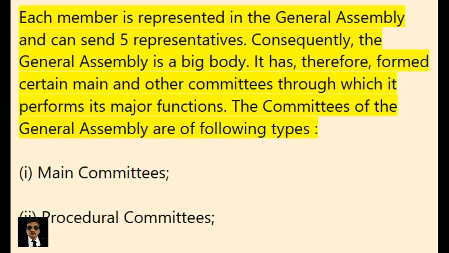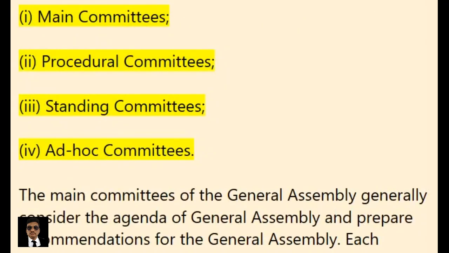It has, therefore, formed certain main and other committees through which it performs its major functions. The committees of the General Assembly are of the following types. 1. Main committees. 2. Procedural committees. 3. Standing committees. 4. Ad hoc committees.